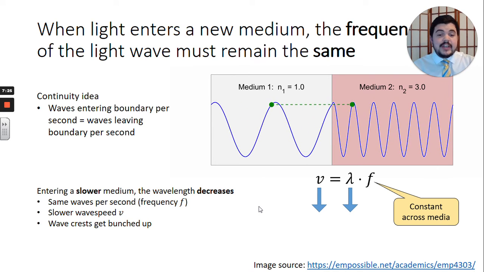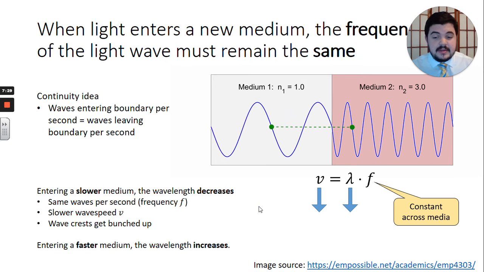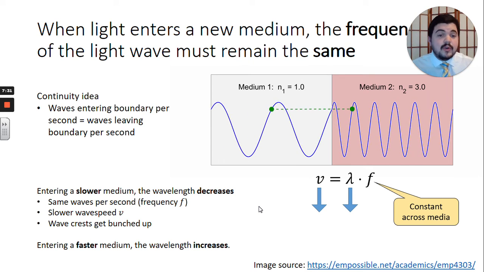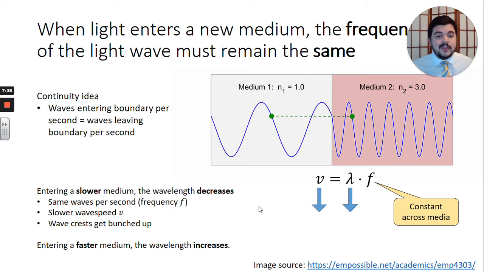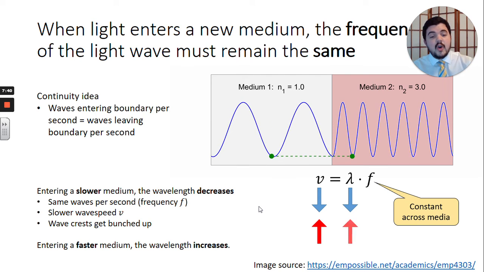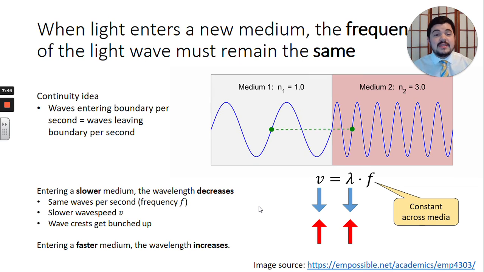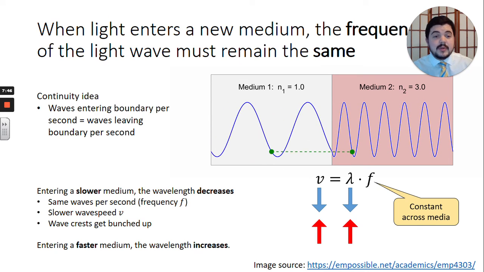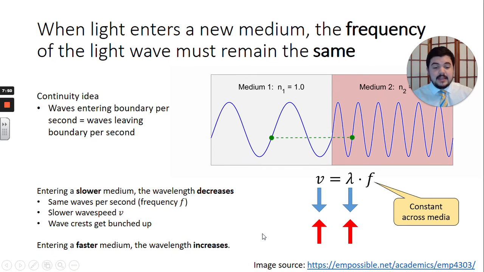We have a direct relationship between the two there. If we enter a faster medium, the wavelength increases, right? The reverse is true. If we get faster, then the waves will get more spread out because we're not getting any more waves per second. And so if our speed goes up, our wavelength must also go up. There's that direct relationship again when the frequency is constant. When is the frequency constant? The frequency is constant whenever we're changing mediums.